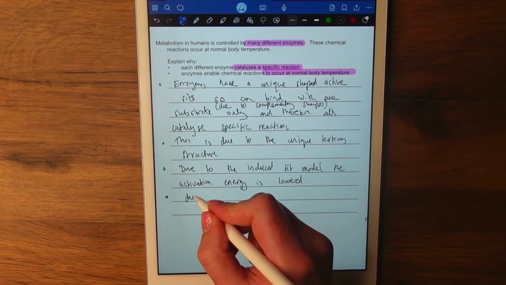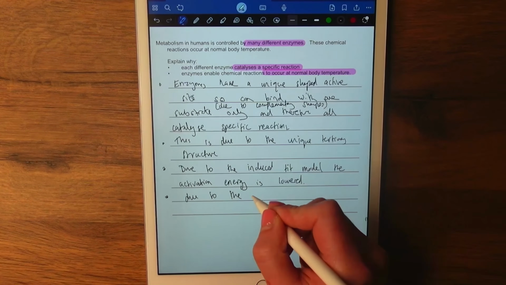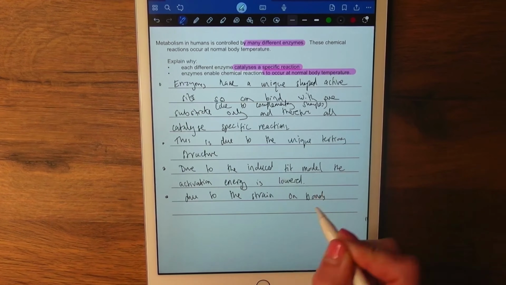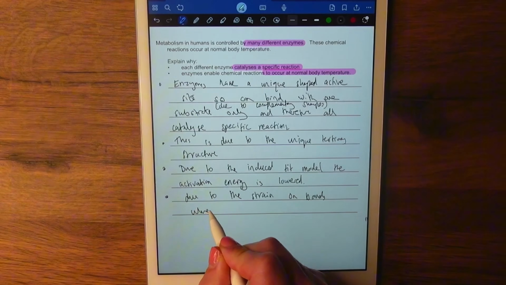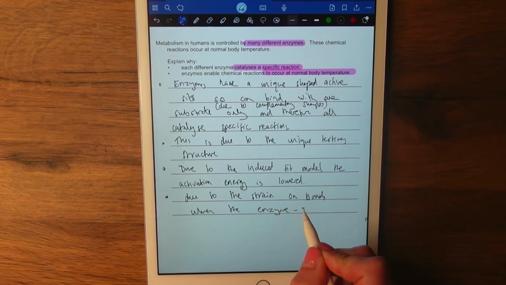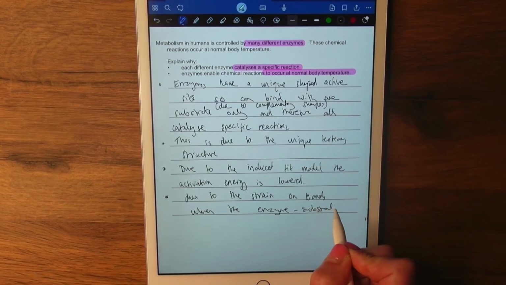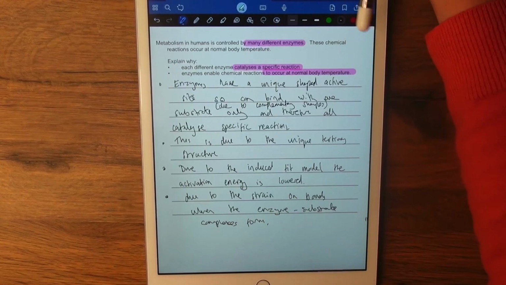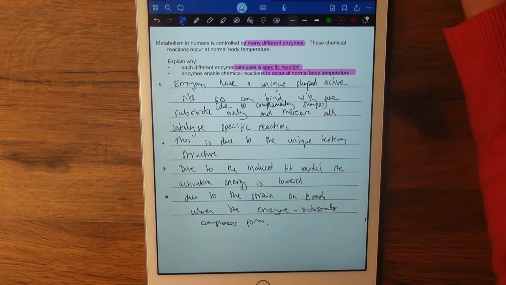I'm going to say due to the strain on bonds when the enzyme substrate complexes form. Okay, that is that exam question there.